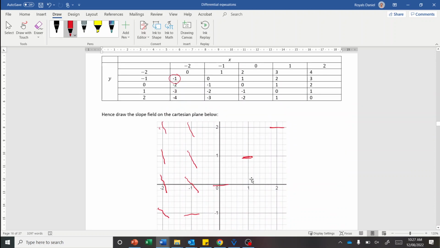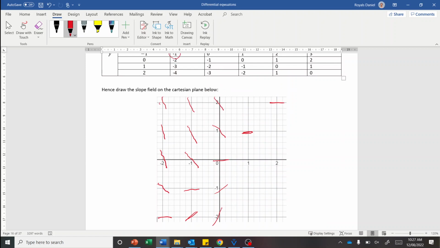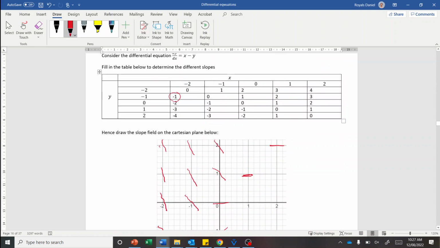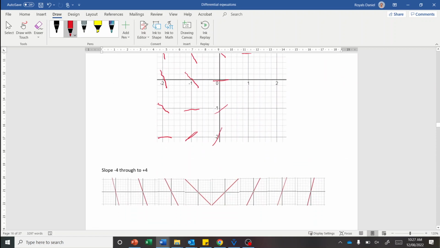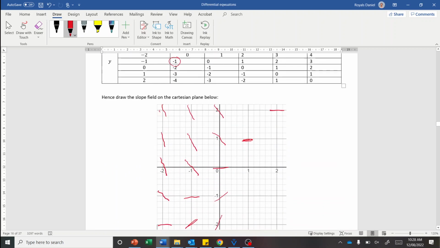we're at 0, and so slope of minus 2, positive 2, positive 1, 0, negative 1, and then negative 2. And then what are we going to have?